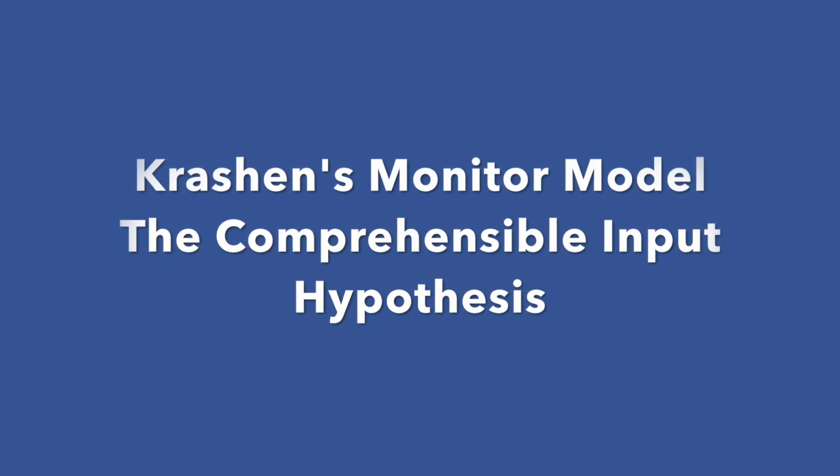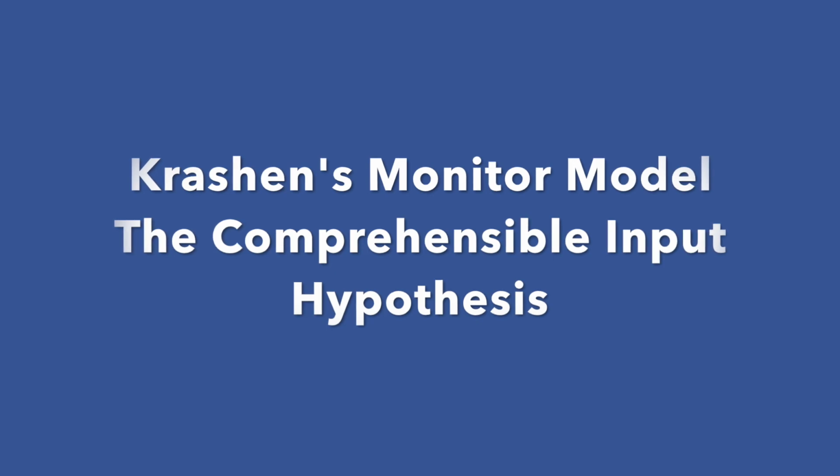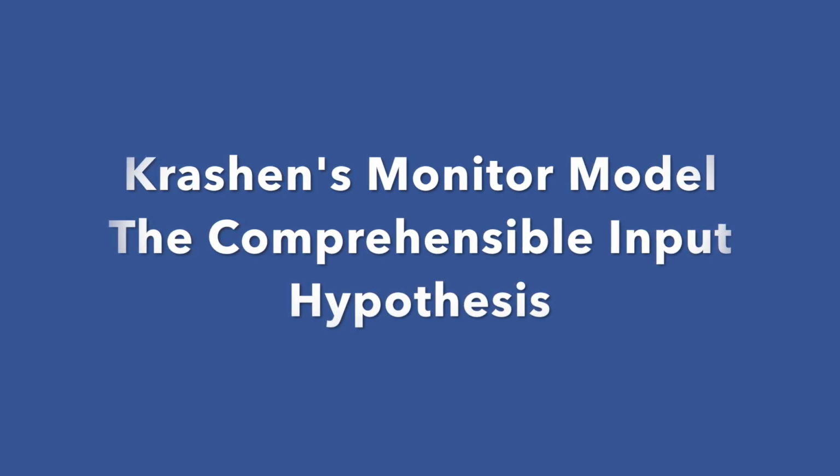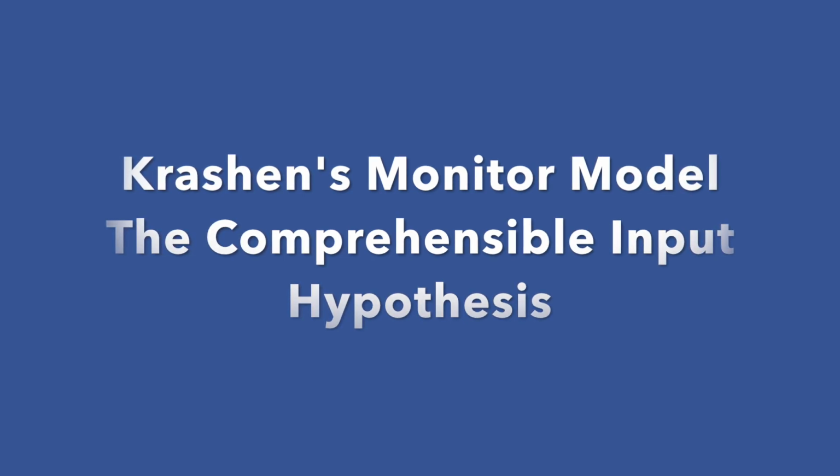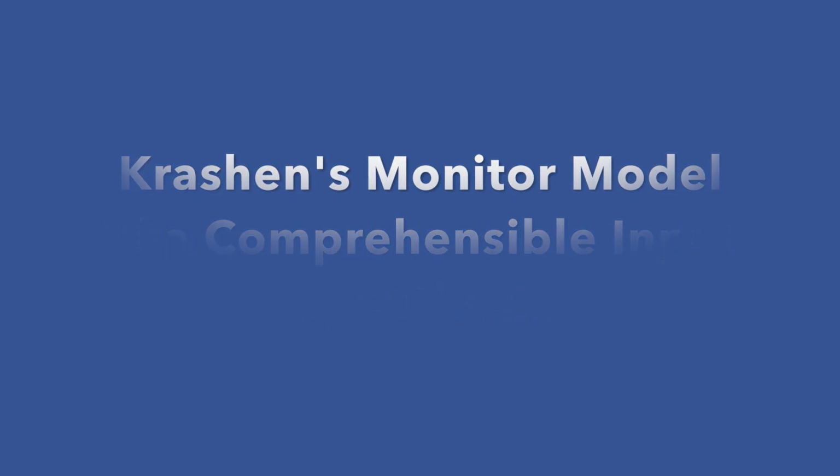As we understood, input is the language which we are exposed to. But according to Krashen, it is not just input, it is comprehensible input that is important in language learning. The word comprehensible is from the word comprehension, and comprehension means understanding. So comprehensible input is the language which we can understand, but it does not mean very simple language.